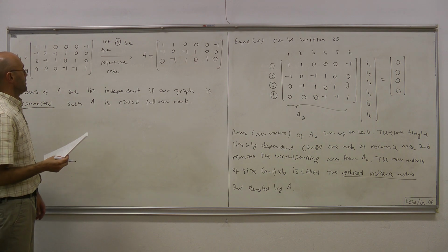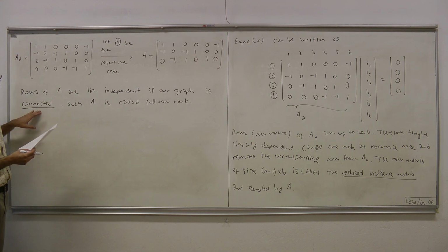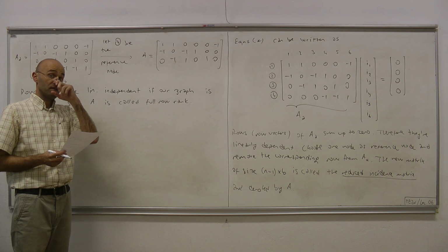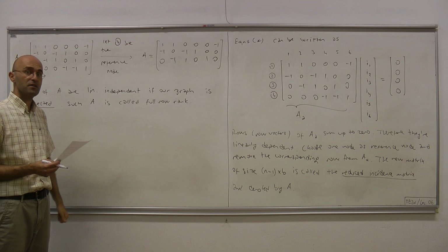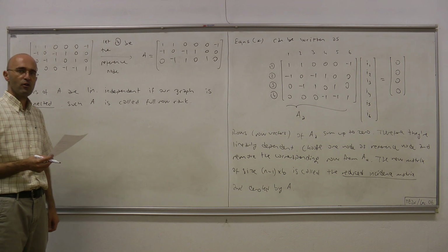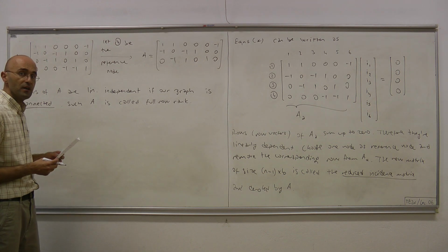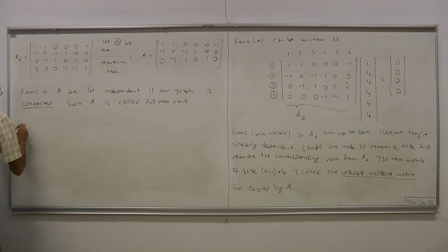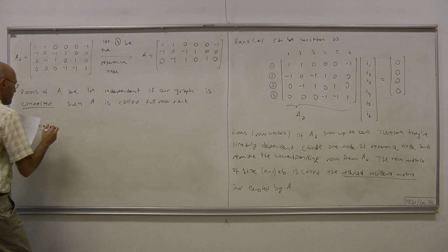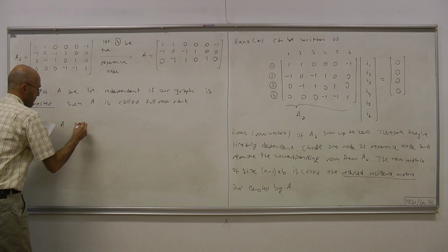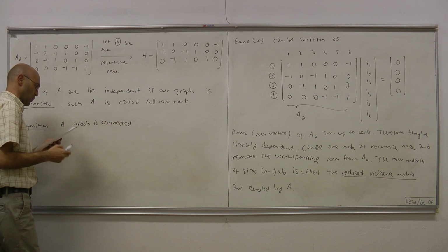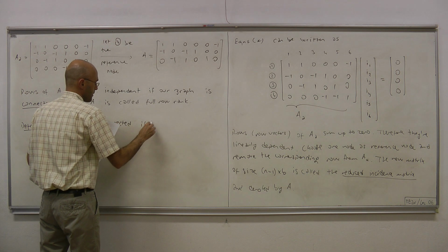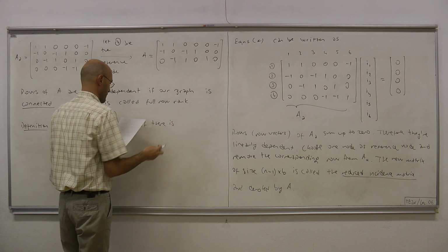Okay. Now, of course, we have to be clear about what we mean by a connected graph. It's more or less self-evident, okay, what the connected graph means, but for the sake of completeness, let's put the definition down. Definition is as follows. The graph is connected if there is a path.